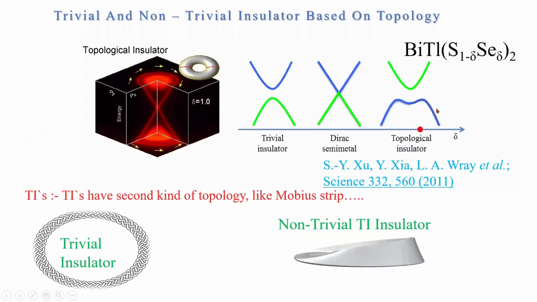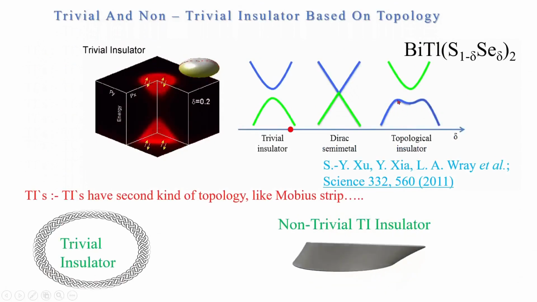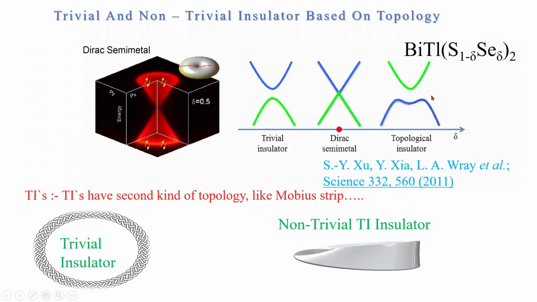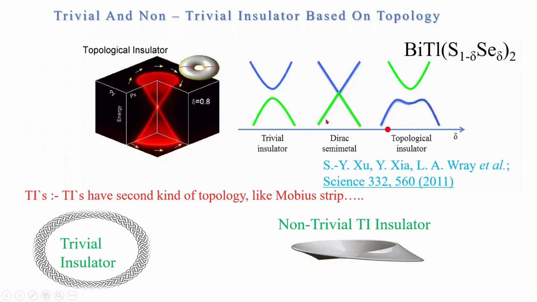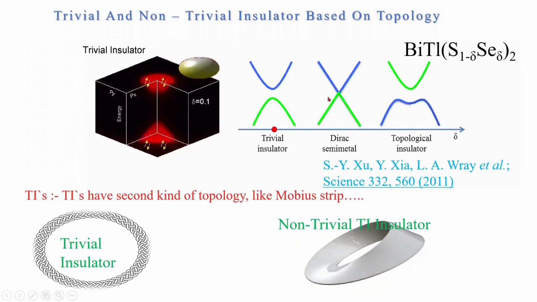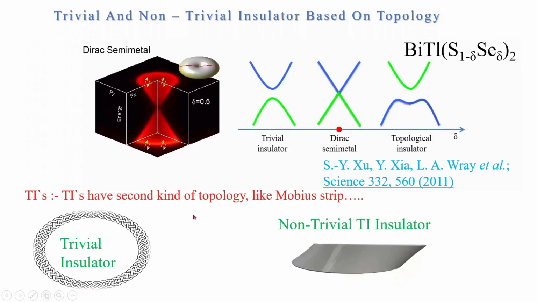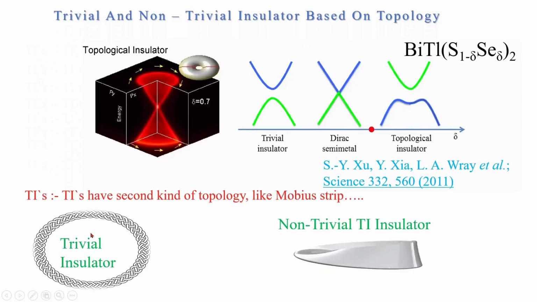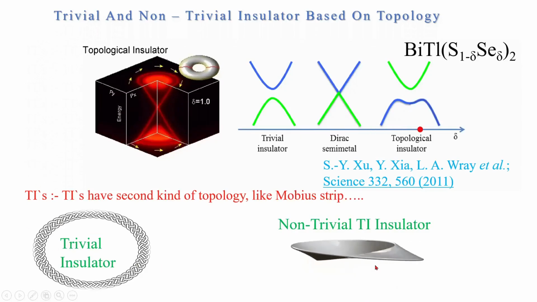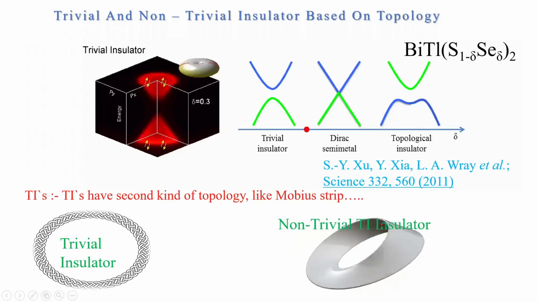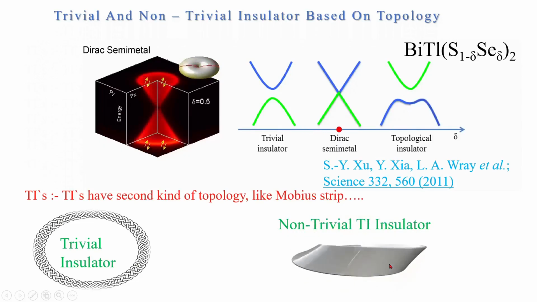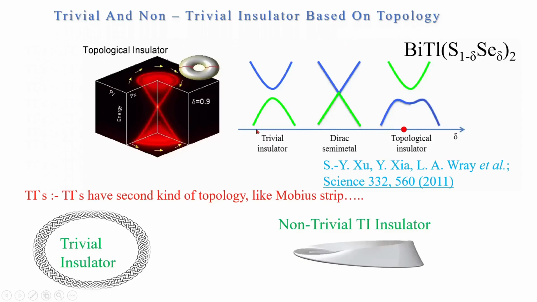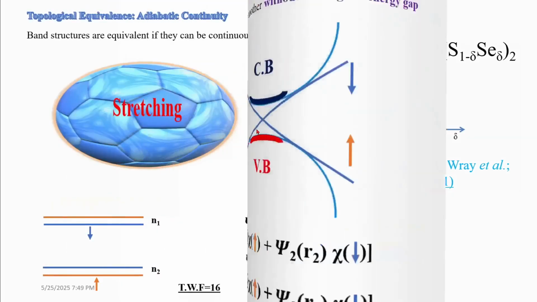So there is a continuous deformation. This is the topological valence band to conduction band, continuously changing, but there is no possibility like in the Dirac semi-metal. And this is the case of the trivial insulator to the non-trivial topological insulator. There is a continuous deformation of the band diagram. Electrons interchange with each other this way.